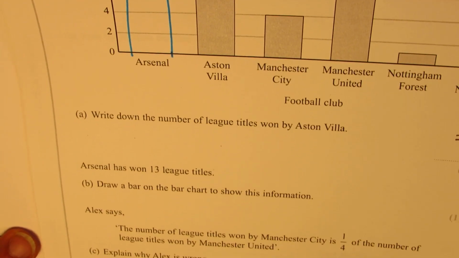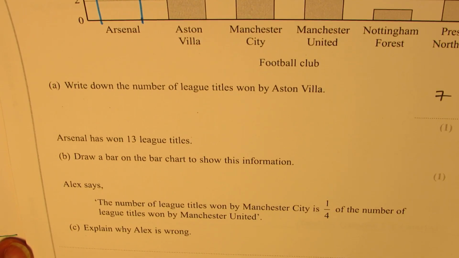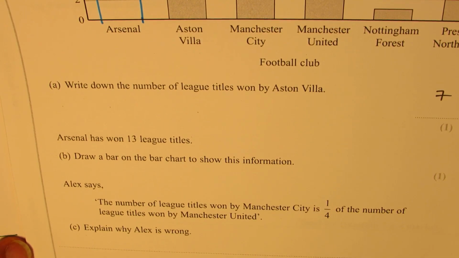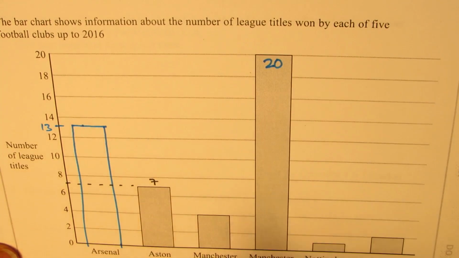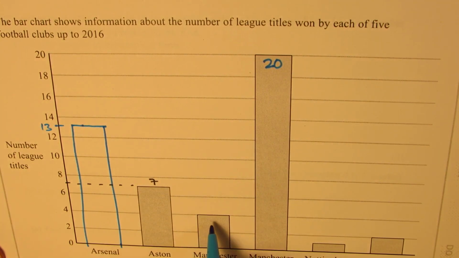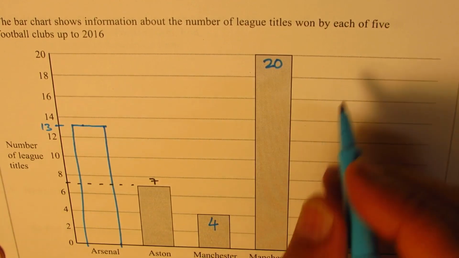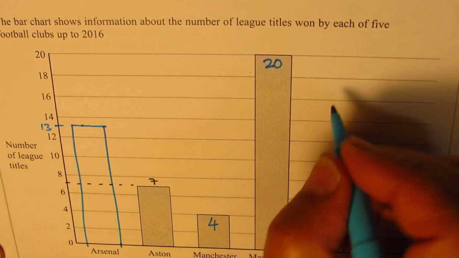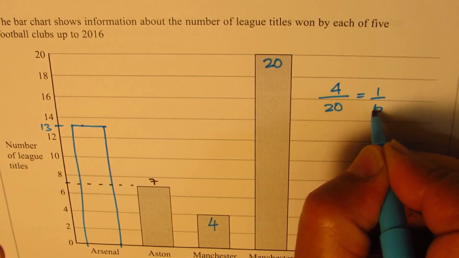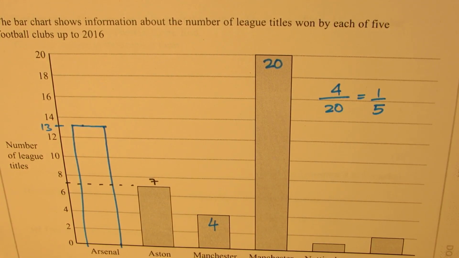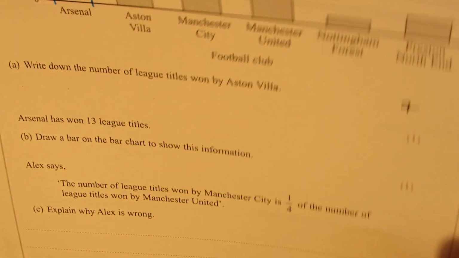Then we have Alex says the number of league titles won by Manchester City is 1/4 of the number of league titles won by Manchester United. Let's figure it out. Well, Manchester United is 20, right? So let me write 20 here, and Manchester City is 4. Now, what is the ratio? So the ratio is 4 divided by 20, which is the same as 1/5, correct? So it is not 1/4, but it is 1/5, right?